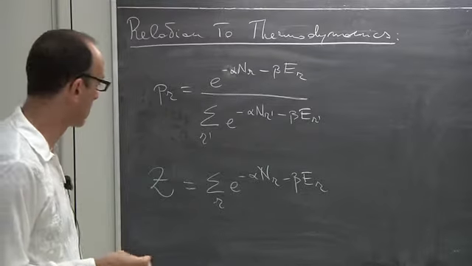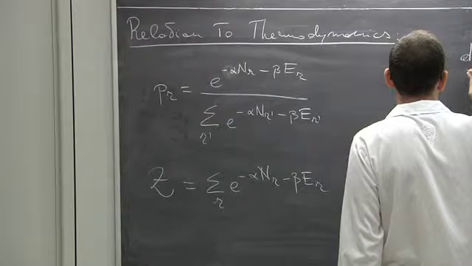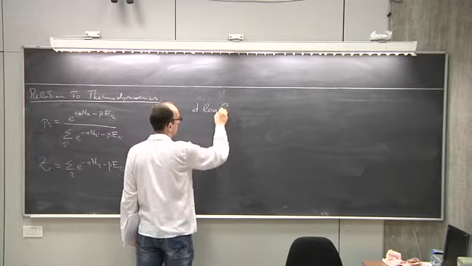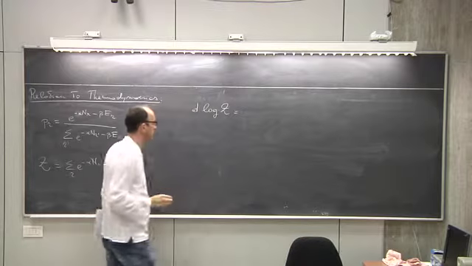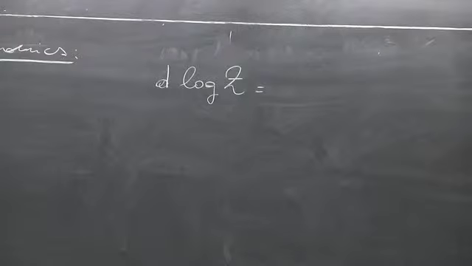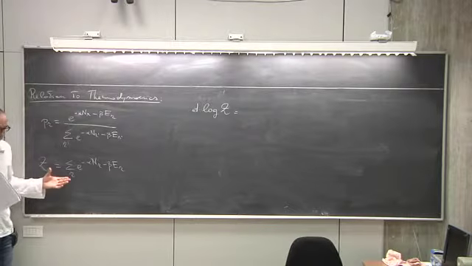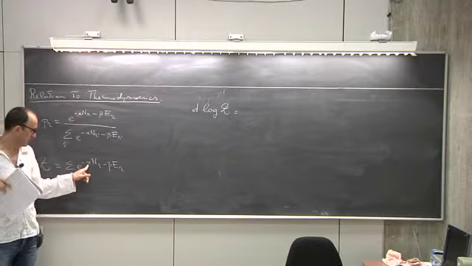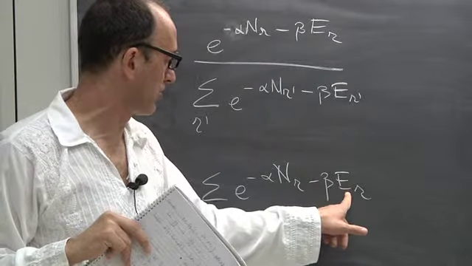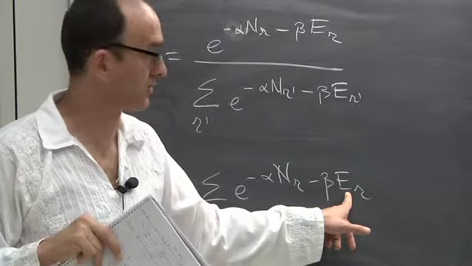In particular, let me consider the differential of the log of Z. Now, what does Z depend on? It depends on alpha, it depends on beta, and it also depends on the energy levels of my system.